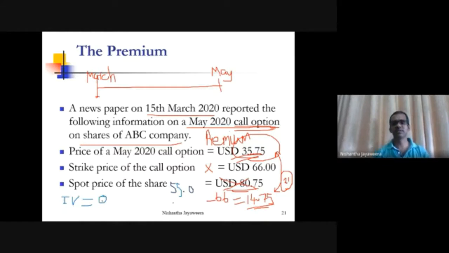Whether the option is in the money or out of the money or at the money? This is out of the money because strike price is higher than the spot price. For a call option, when the strike price is higher than the spot price, there's no value for exercising this option. So it's out of the money. When the option is out of the money, intrinsic value is 0. Then what is time value?